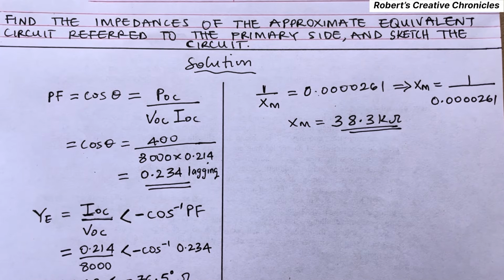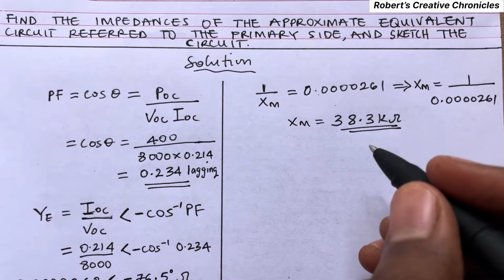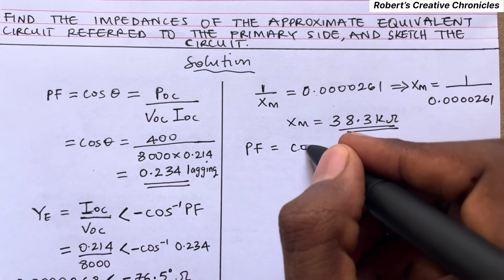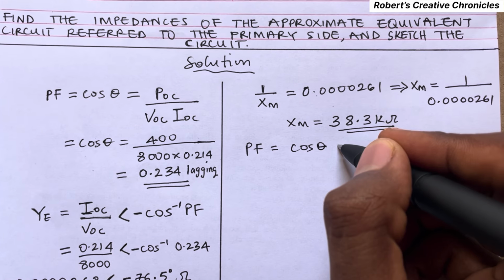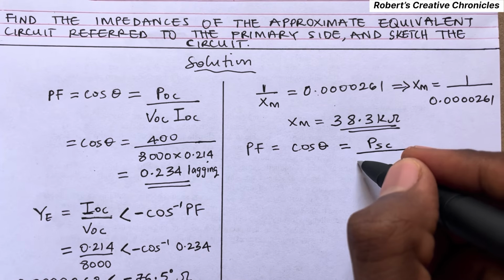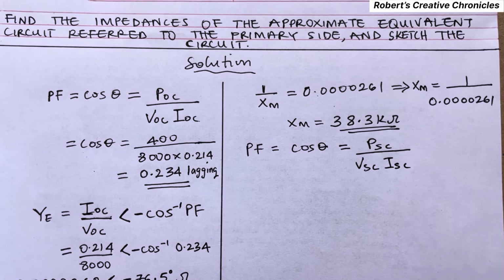Now we are going to find the power factor during the short circuit test, like we did here. But here we use the short circuit values. Power factor is cos theta, which is equal to the short circuit power over short circuit voltage times short circuit current.